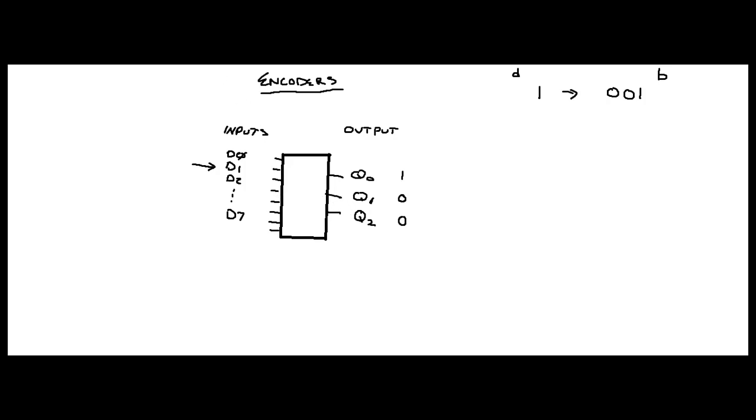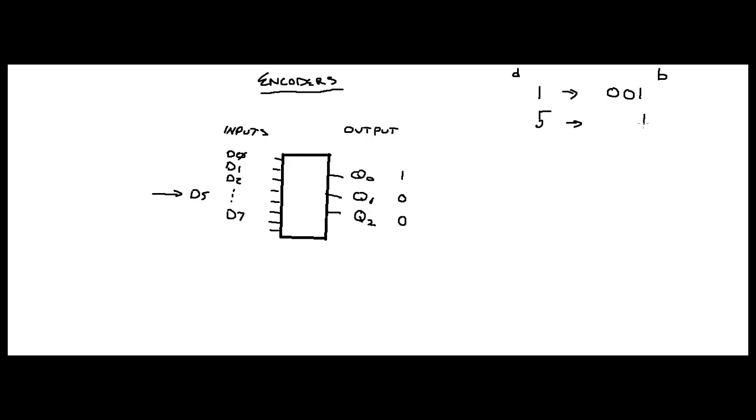Suppose instead of D1 being active, let's just say there's a D5 here. I'm going to draw it right here. Suppose D5 is active. What's 5 equal to?